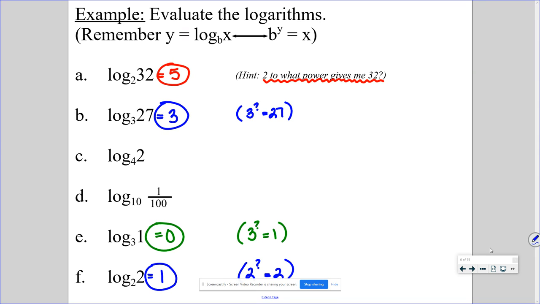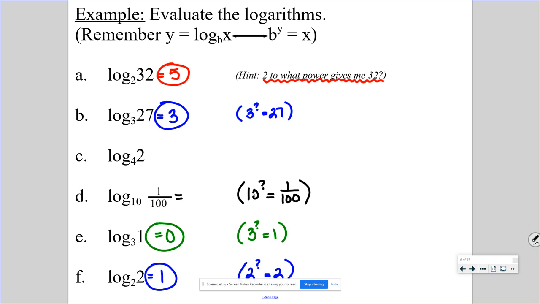Okay, then we can go to D next. So for D, we're saying log base 10 of 1/100th. So that means we need to think about 10 to what power is equal to 1 over 100. This is kind of like one of the warm-up questions we did.